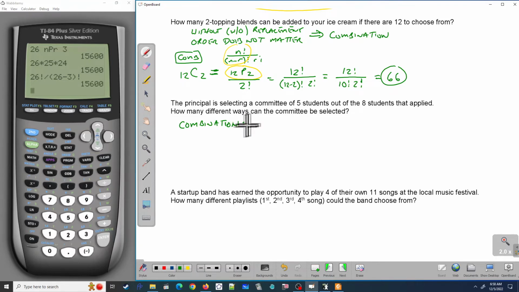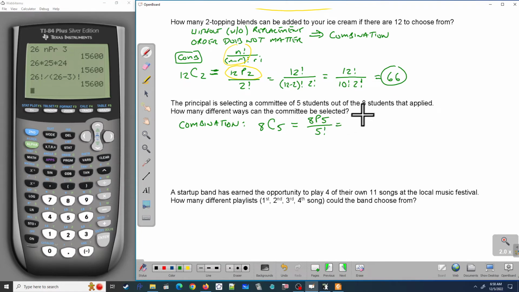There is a total of 8 students to choose from. I'm choosing 5 students, so it could be written as 8C5, which is 8P5 just divided by an extra 5 factorial, because all the different ways I could do a group, A, B, C, D, E, could have been A, B, C, E, D, A, B, D, C, E, and I could do that 5 factorial ways, 120 different ways of those being permutations, but all those permutations are the same one, so we want to eliminate that.